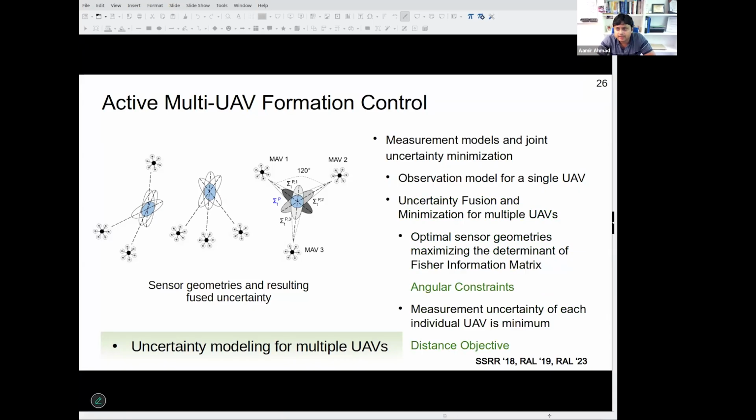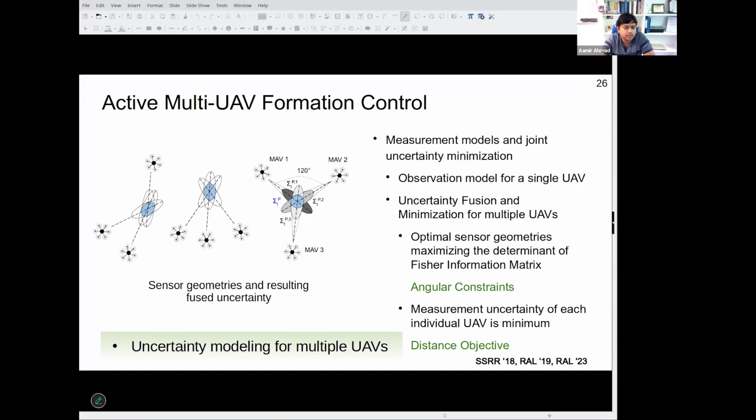Right, and then by applying those criteria, in our case, the optimal geometry, as you see in this picture, is when the UAVs are 2 pi by k spread around the target, where k is the number of robots or UAVs. For k greater than 3; for k equals 2, it actually turns out to be 90 degrees.